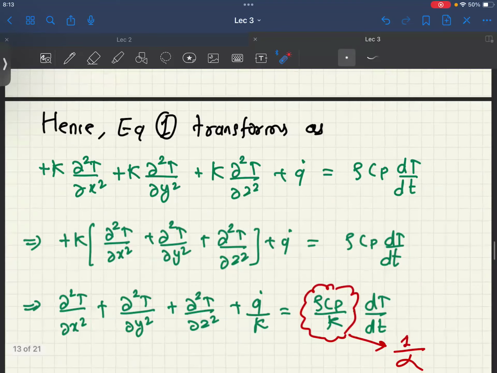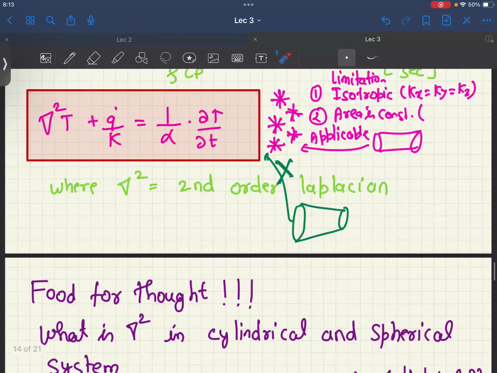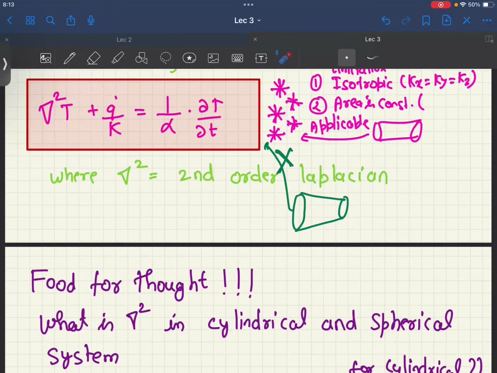You have to remember this expression. Just convince yourself that this in fact comes out of the generalized energy balancing. If anybody has any question, they can ask.